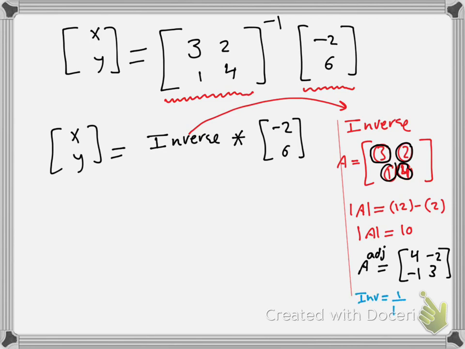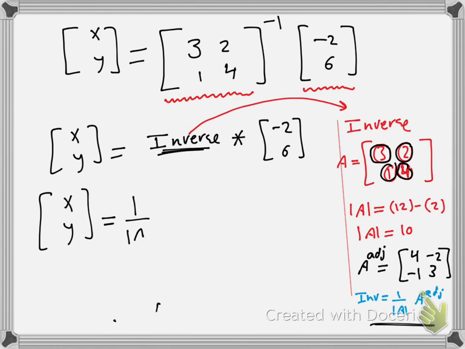Then to compute the inverse equals to what? Yes, 1 by the determinant of A multiplied by whom? By A adjoint. Then I can say what? The solution here, x and y equals to, instead of this matrix, I will put this rule, 1 over determinant A multiplied by A adjoint, and all of that multiplied by -2 and 6.